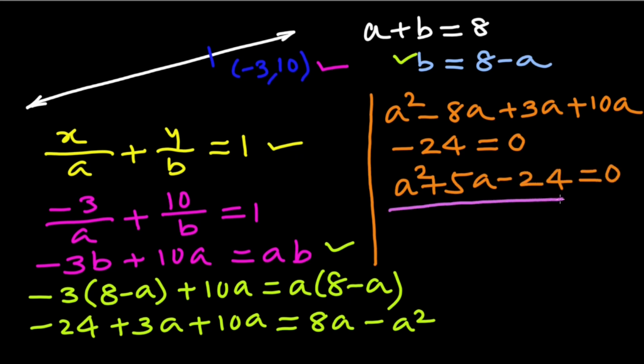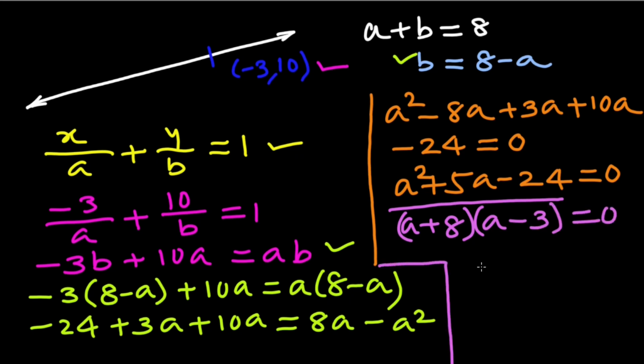This quadratic polynomial can be factorized as a plus 8 into a minus 3 equals 0. So that gives us a equals minus 8 and a equals 3.